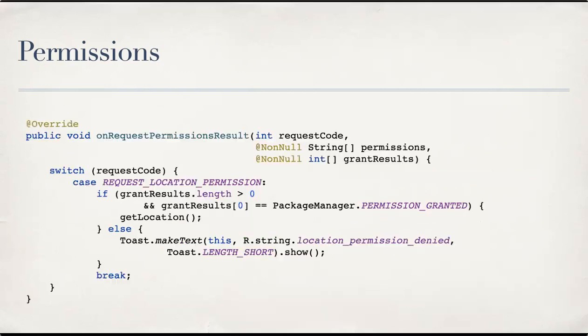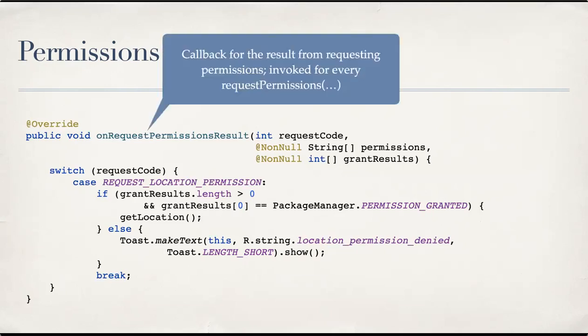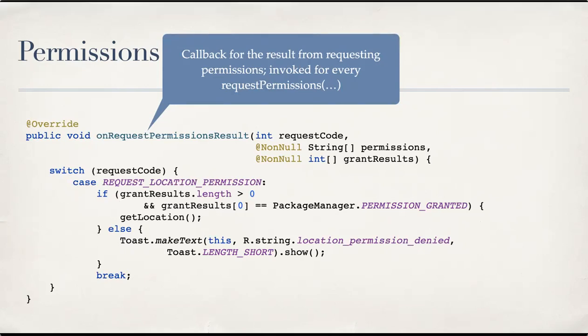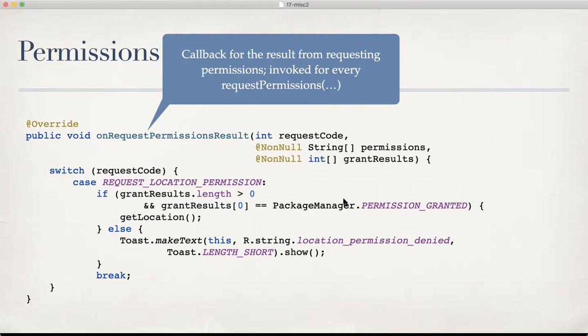That's all it said. Okay, so onRequestPermissionsResult is the callback that handles the result of requesting the permission. For every requestPermissions call, like we saw on the previous slide, this one will be called, and then you can use a switch case or a nested if else to handle different permissions.